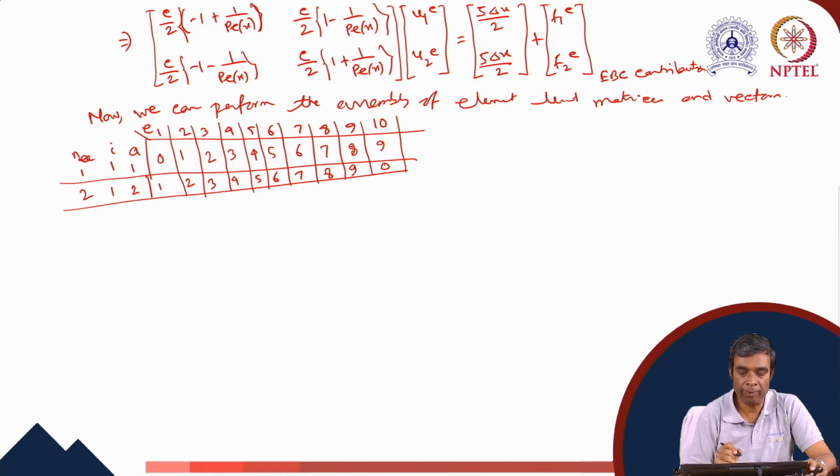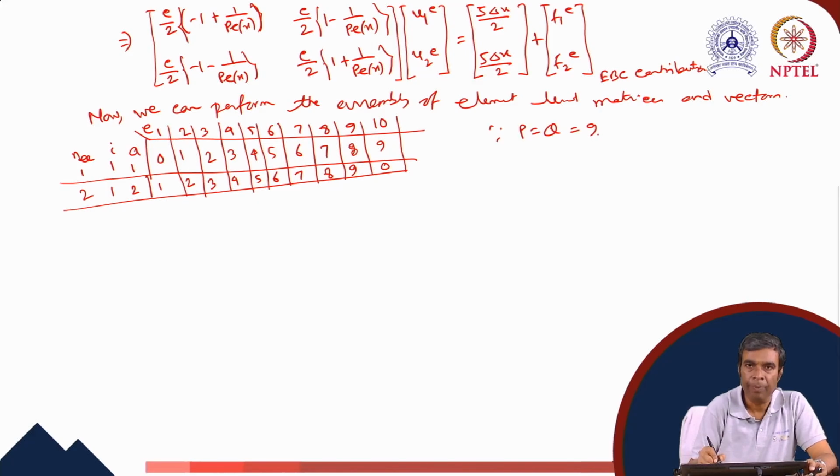Now we have our element level matrix vector equation system, and then we also have the LM array. We can perform the assembly. Since P equals Q equals 9, we have a maximum of 9 equations in the global matrix equation.